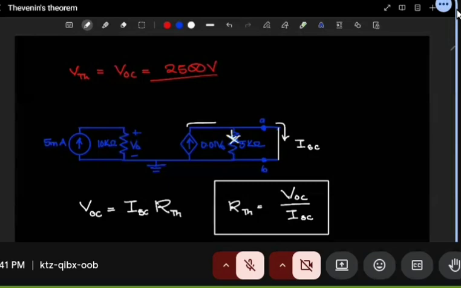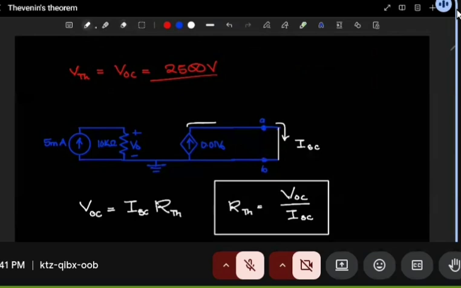If this was a lamp, it would be off because no current will go there. All the current will go towards the short circuit. Current takes the easiest path. In other words, this 5 kilo ohms will act as if it is not even there. Our circuit will remain like this.